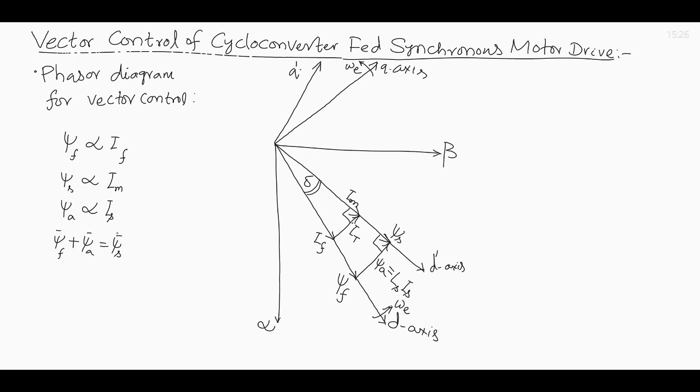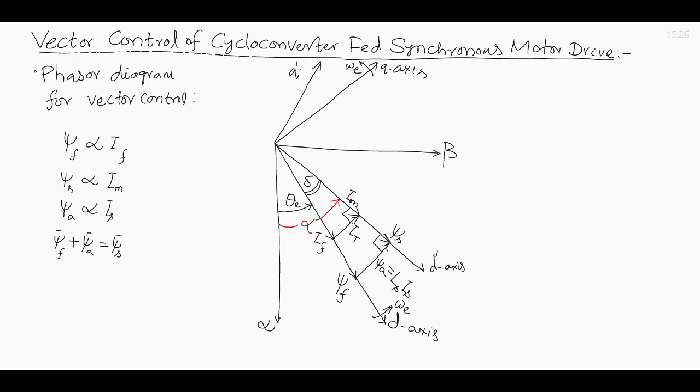Because the D axis is rotating at speed omega e and the alpha axis is stationary, this angle is theta e, and this is the angle alpha.